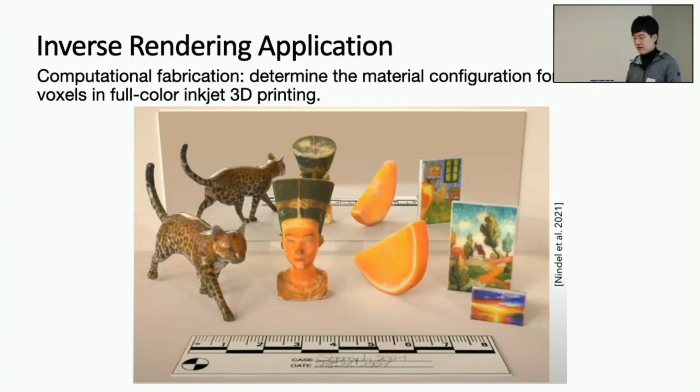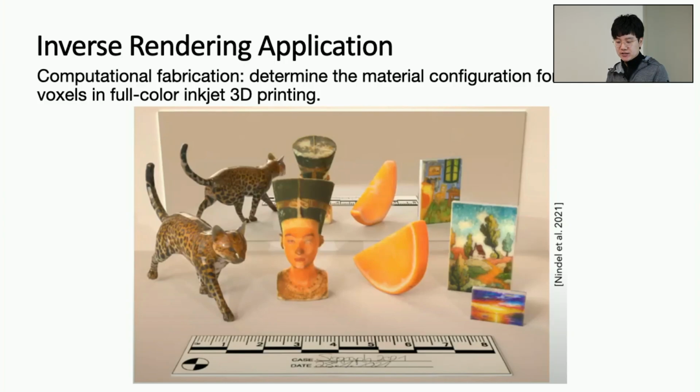And another type of application that requires complex light transport to be handled is computational fabrication. These days, we have fairly complicated color 3D printers so we can control how we mix different types of ink in each voxel during the printing process.